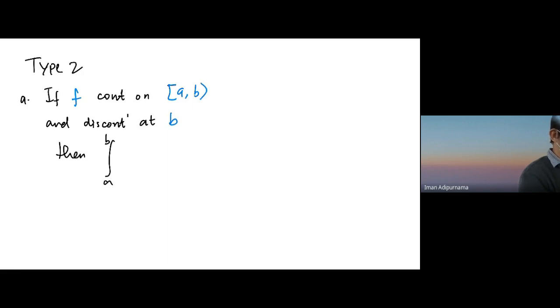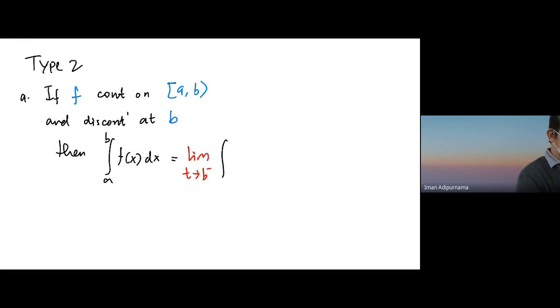So if a function f is continuous on [a, b) and it is discontinuous at b, then the integral will be the limit from the left of b, and we need to change those b with t.